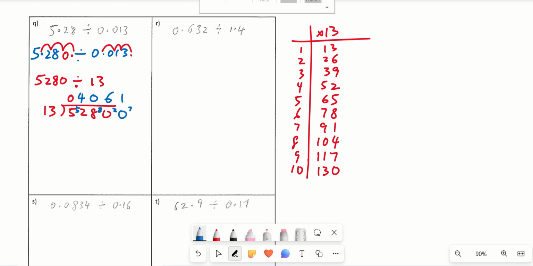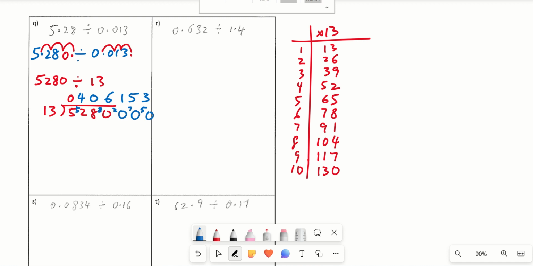And 7 joins the 0 in the next column, becomes 70. 5 13s go into 70, leaving us with a 5 as a remainder, which goes to the next column, and so forth. So we'll stop at the 3rd decimal place.